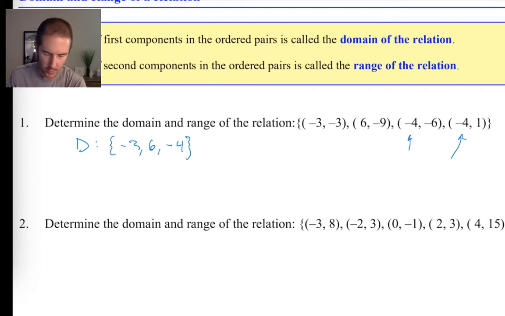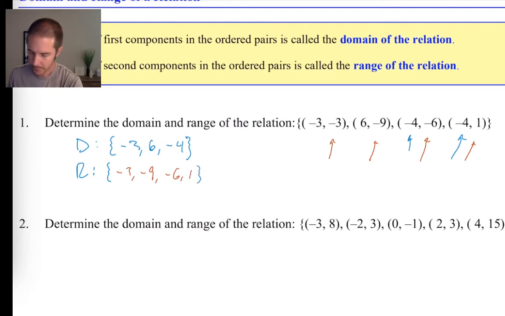And then let's check out the range. We'll express that as a set also. Those are our second elements. So we have a -3, a -9, a -6, and a +1. It's not necessary that those values appear in order.